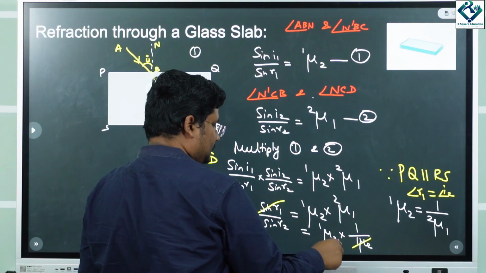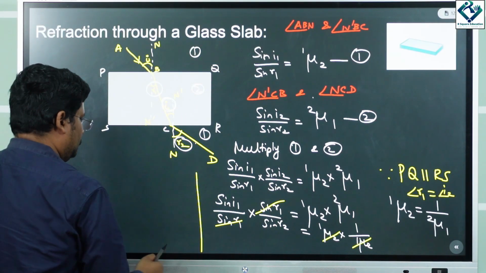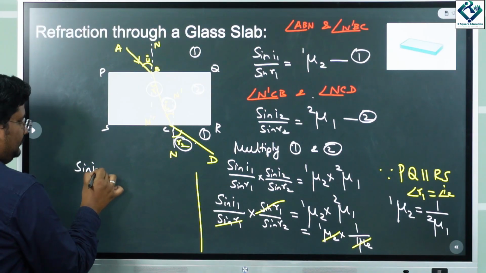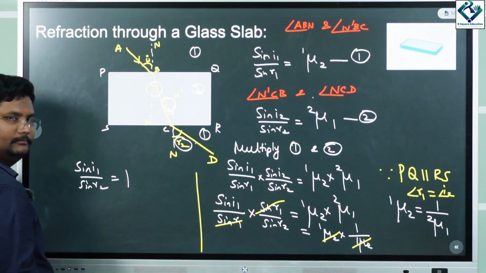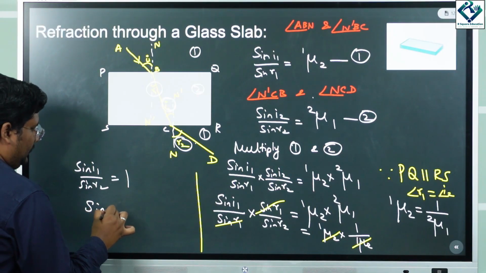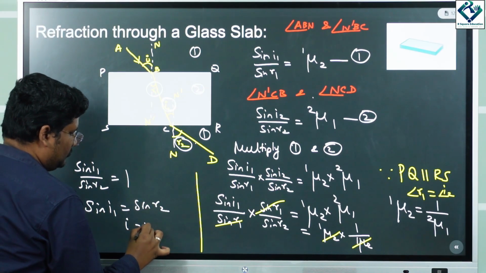So you'll get sin I1 by sin R2 is equal to 1. Sin I1 is equal to sin R2, which is nothing but I1 is equal to R2.